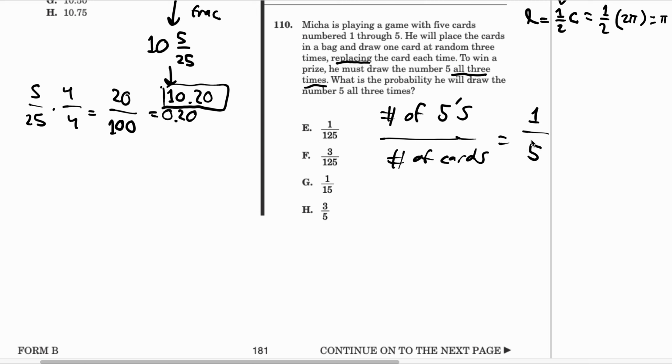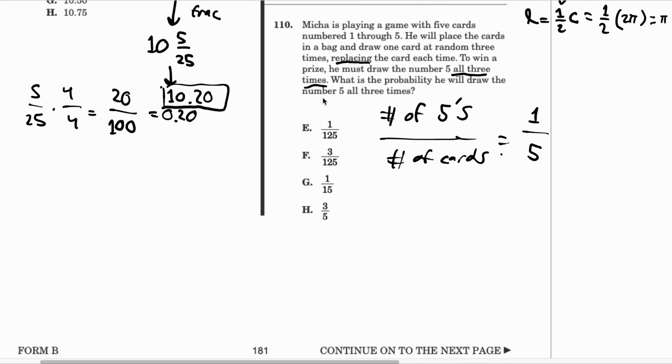Therefore, the probability that he draws 5 one time is just 1/5. Now, he replaces the cards, so 1 over 5 is the probability each time that he draws, because you're just drawing from an identical set of cards each time if you replace it.